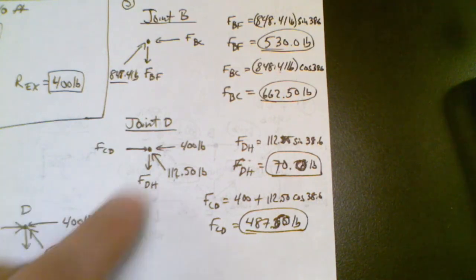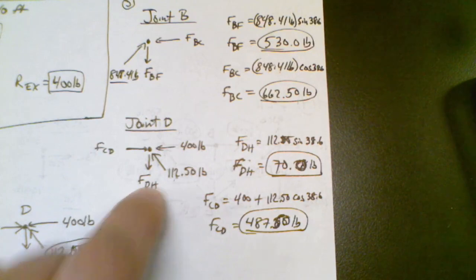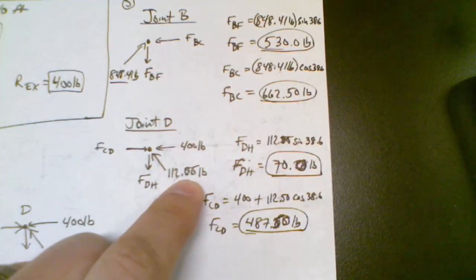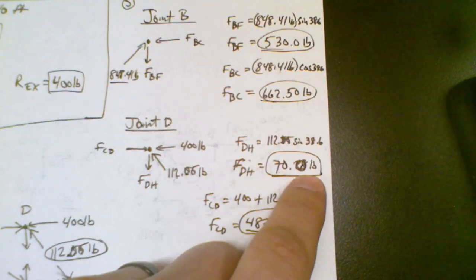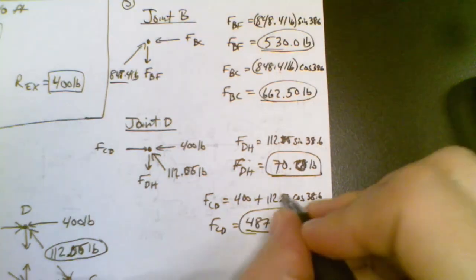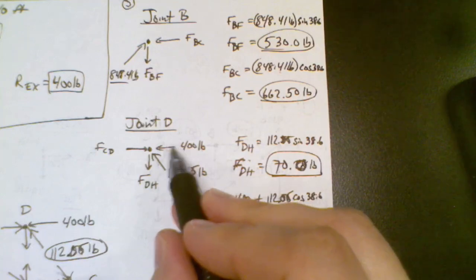Okay, so this one, going after joint D, there's only one up that fights that down. So you just take the 112.05 times sine, and you get 70.0, which makes sense because it was 70 up down here. And then this one, you do the 112.05 times cosine plus the 400, because there's 2 left forces.